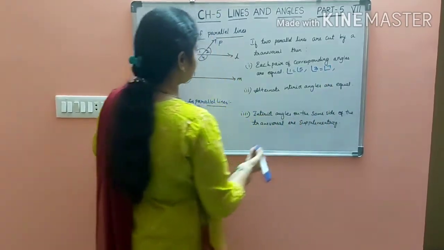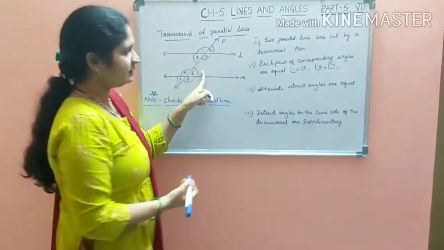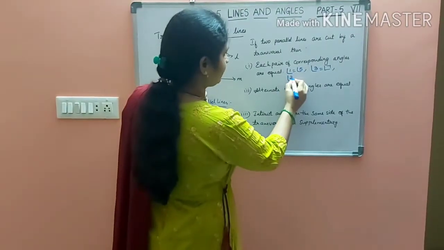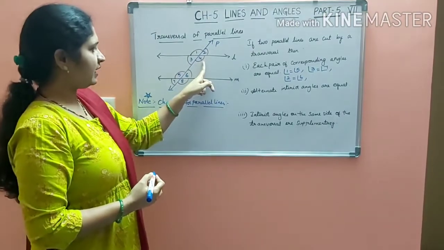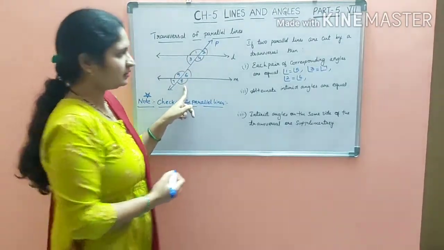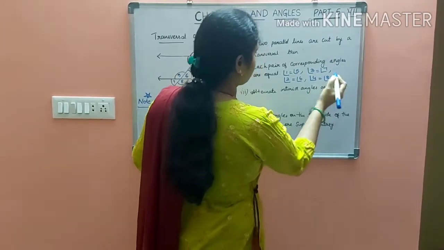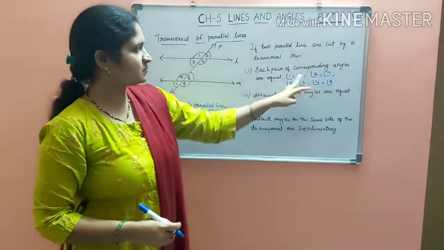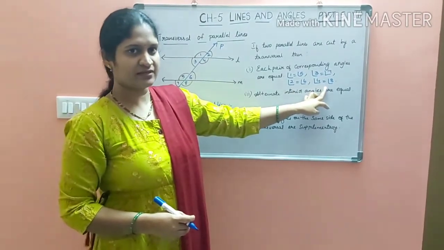Angle 3 is equal to angle 7. Next, angle 2 is equal to angle 6. And last one, angle 4 is equal to angle 8. So, each pair of corresponding angles are equal. So, I equated all the corresponding angles here.